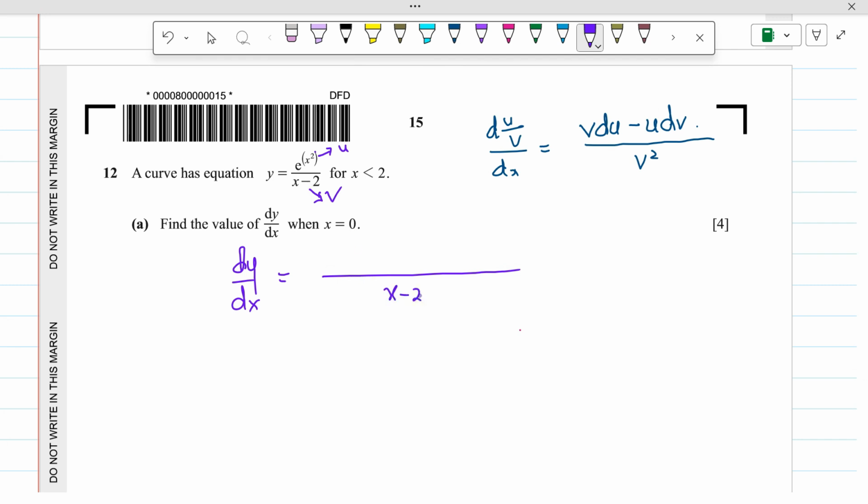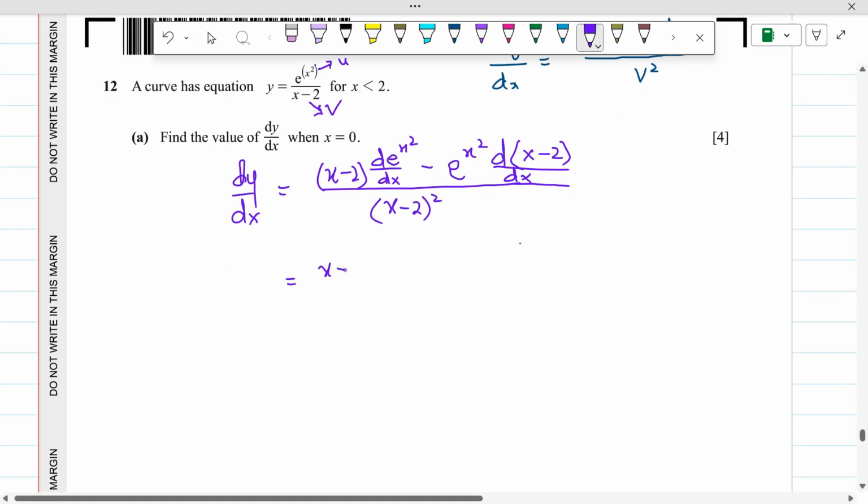so x minus 2 whole square, and in the numerator x minus 2 will remain the same, and we need to differentiate u, which is exponential of x square, minus u will remain the same, meaning exponential of x square will remain the same, and derivative of v, which is derivative of x minus 2.